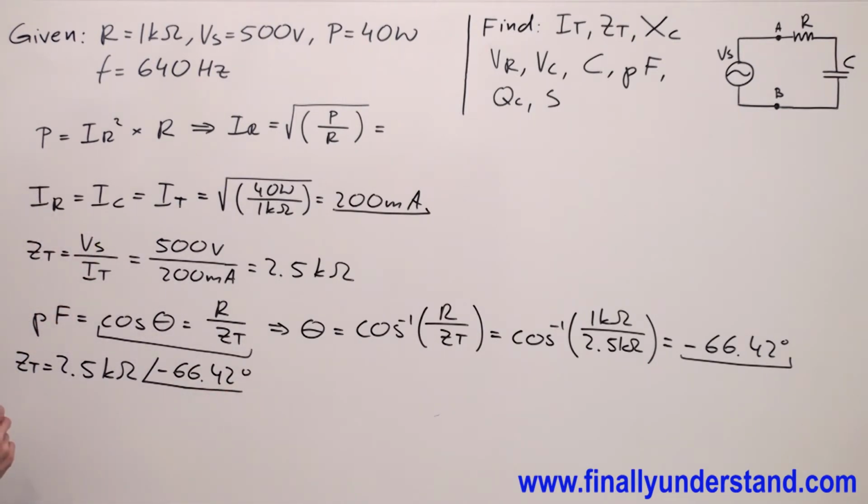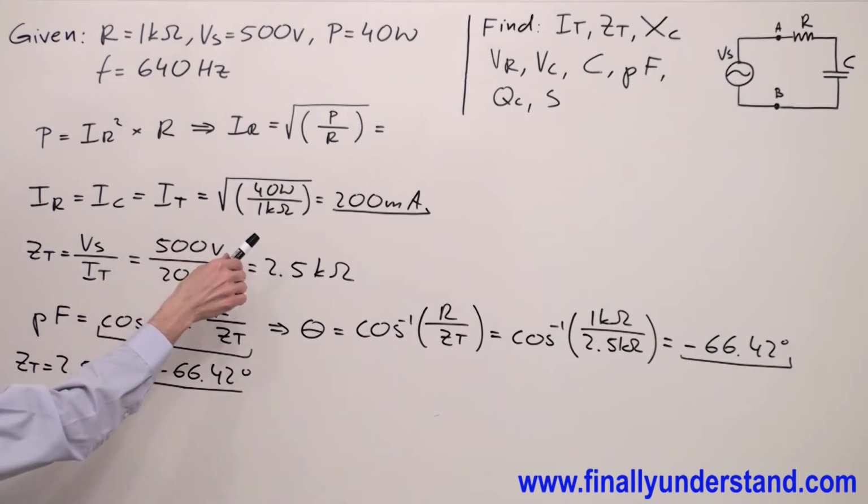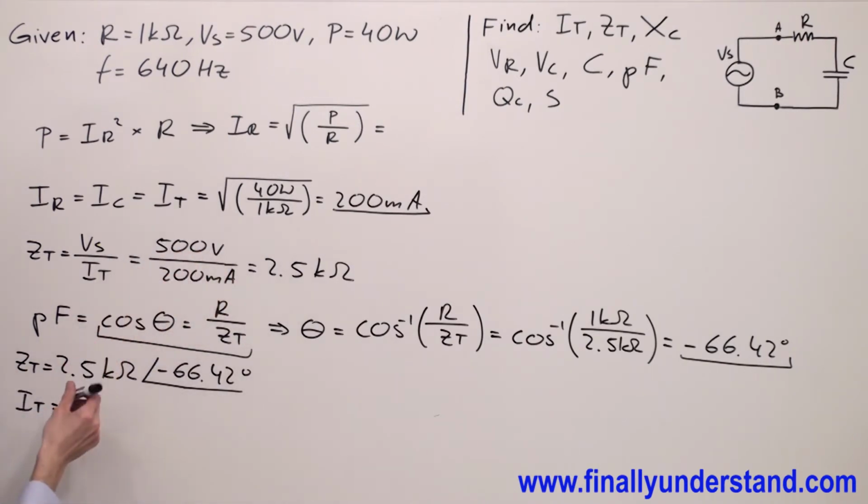If I want to find I total, simply write I total is equal to voltage source over Z total. We have found already the magnitude of the total current, so I'm not supposed to rewrite it one more time. I just look at the angles. If the angle of the voltage source is not given, I assume that this is 0.